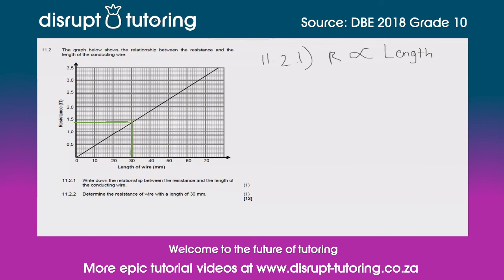And it depends on how you read it, but I'm reading about 1.35 ohms. So I'm just going to say the resistance of the wire with a length of 30 millimeters is 1.35 ohms. And that's determined just from this graph here.